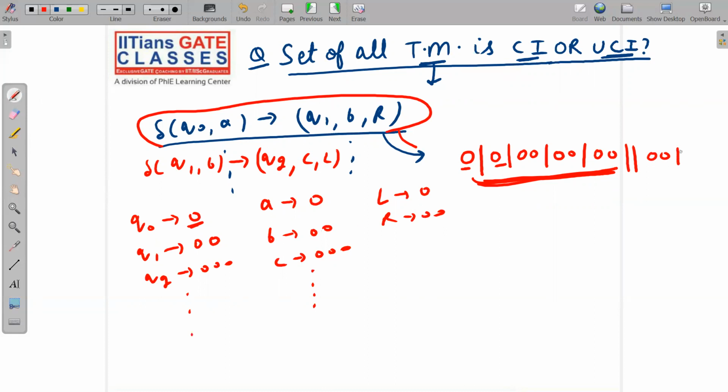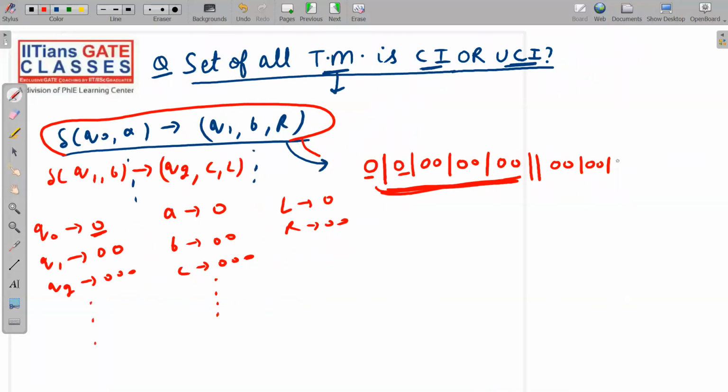Then B is double zero, then one as a separator. Then Q2 is triple zero, then one as a separator. Then C is triple zero, then one as a separator. Then left is single zero. So this is another move, and so on. So we will have double one and then the next move, and so on.